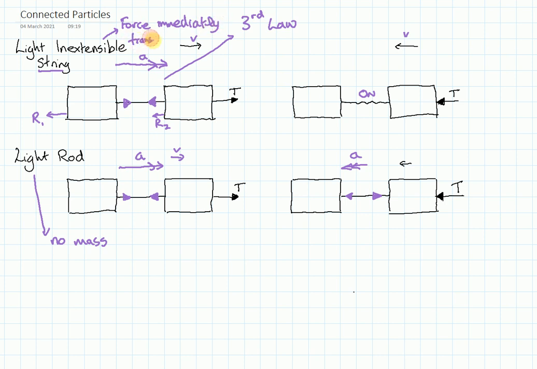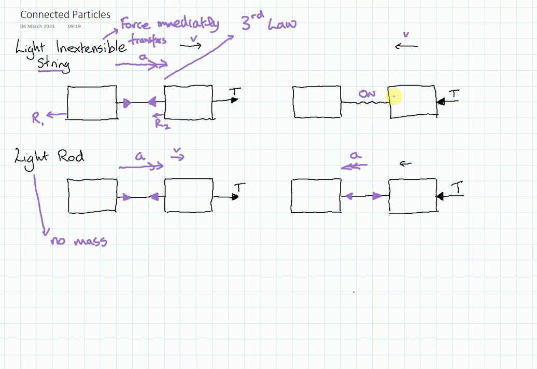Okay, so under tension, an inextensible string acts like a rod. Under compression, it will have nothing. So if the two things are trying to move together, there is nothing. That's two key points on these shapes.